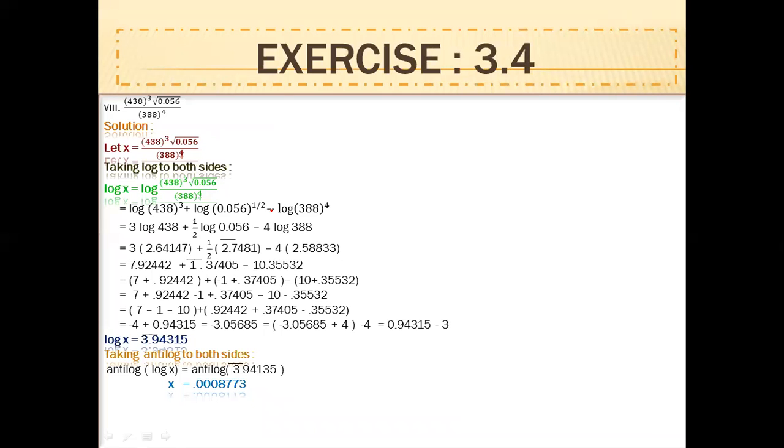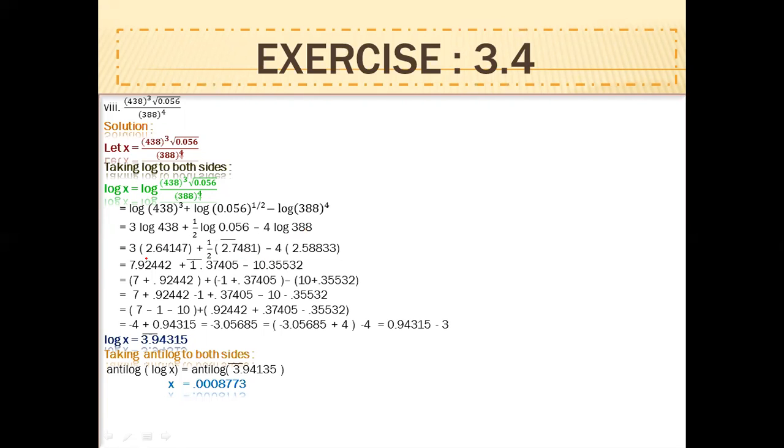Log 438 power 3 plus log 0.056 power 1 by 2 minus log 388 power 4. Next step, all the powers will be the coefficients of the log. 3 log 438 plus half of log 0.056 minus 4 log 388.